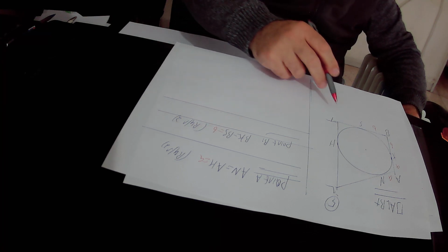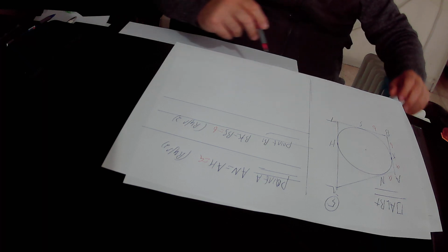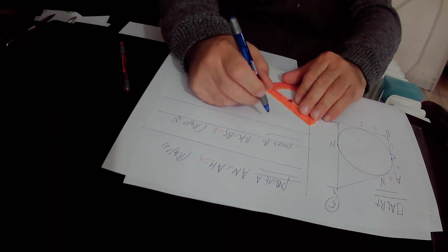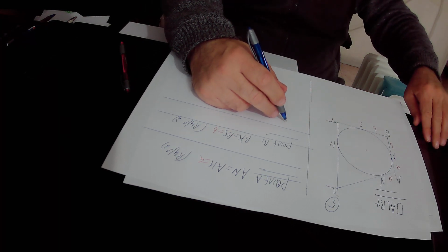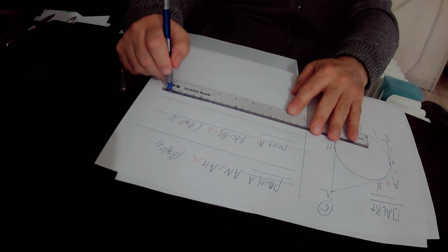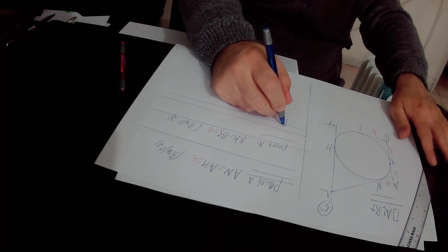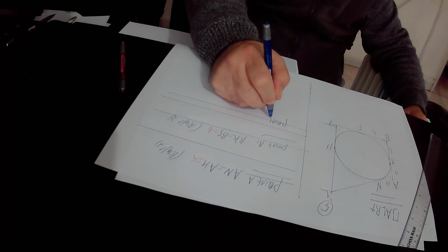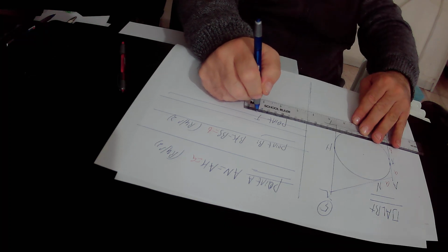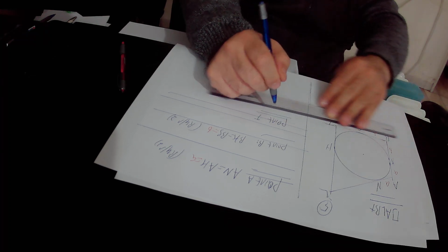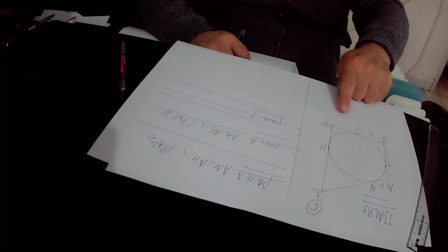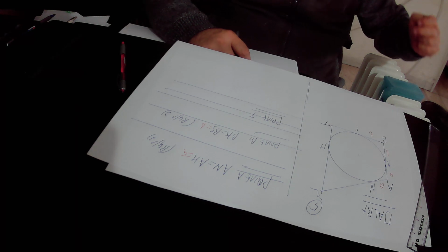Likewise, if we focus on the common external point T, we have two tangents to this circle, tangent TS and tangent TH. According to rule 2, they are equal to each other.